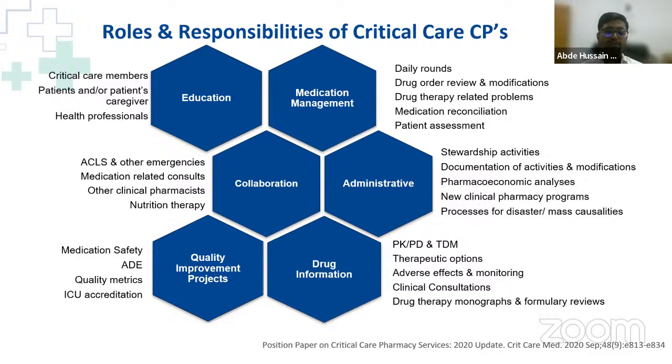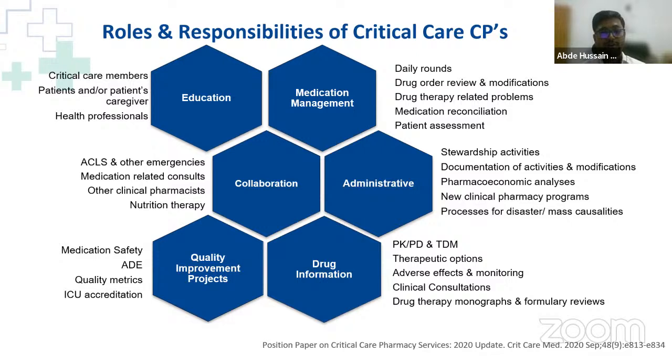Then we can undertake various quality improvement projects such as medication safety, adverse drug event reporting, and making sure we have a good quality of medications coming in. We can report on various quality metrics. We can help in ICU accreditation, which specifically enhances ICU performance, education to critical care members, patients and patients' caregivers, and other health professionals, and collaborating with the ACLS and other emergency teams.